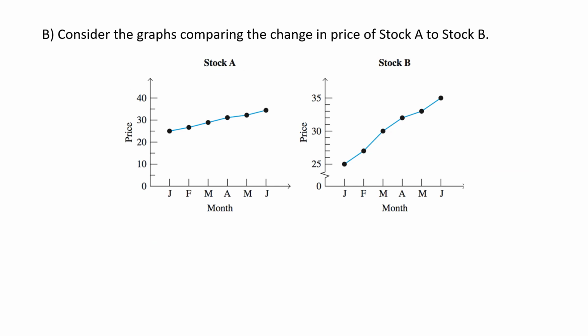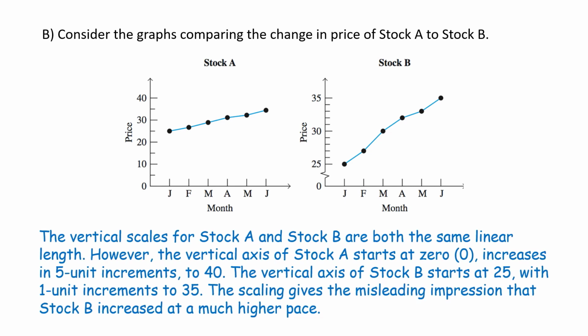Part B. Consider the graphs comparing the change in price of stock A to stock B. At first glance, it appears that stock B's price is increasing much more rapidly than stock A. The vertical axis for stock A and stock B are both the same linear length.